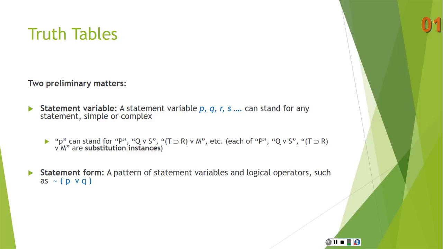And when I show you what the meaning of our logical operators are, I will use statement variables. So when I have a statement variable in there, it can stand for any statement whatsoever. Once you know how to construct a truth table for a statement variable, you know how to construct a truth table for any statement whatsoever.